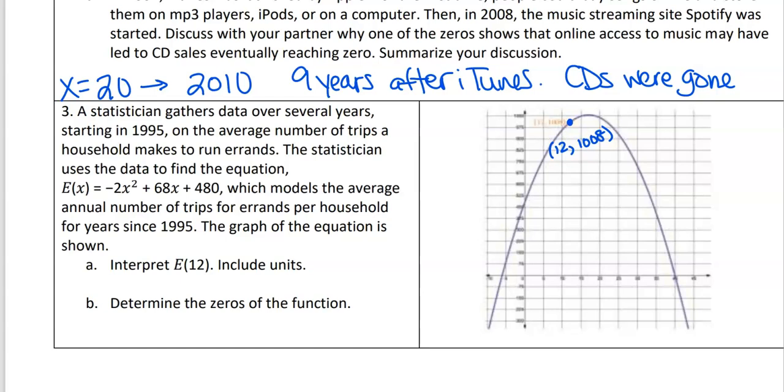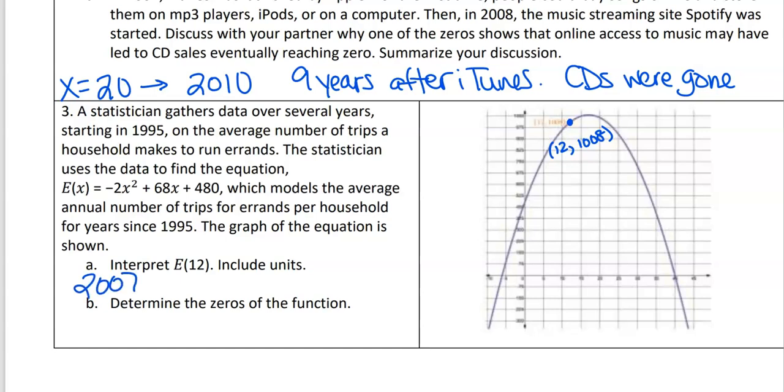Okay. So first off, E of 12 means it's been 12 years, right? 12 years since what? Okay, since my data started. 12 years since what year? 1995. So if it's been 12 years since 1995, what year is it? And this is the year 2007.